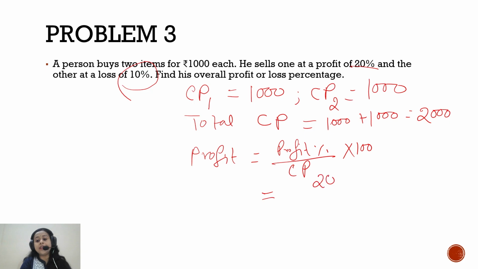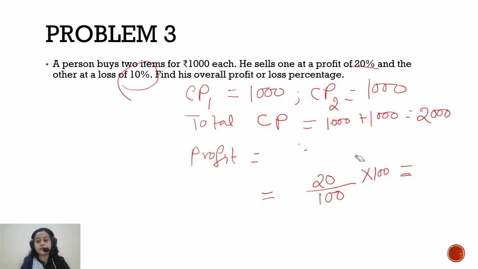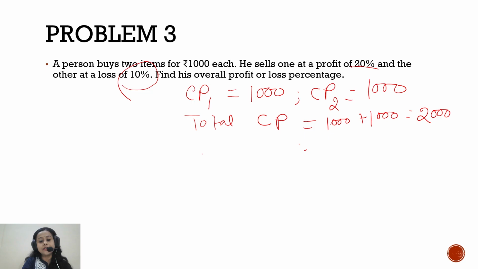So 20 by 1,000 into 100, which will give you... Sorry. So directly, instead of calculating profit, we'll directly find out the selling price.